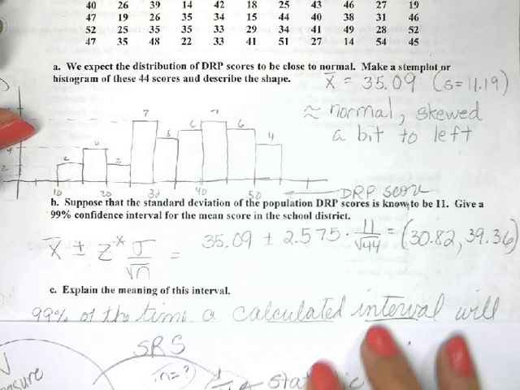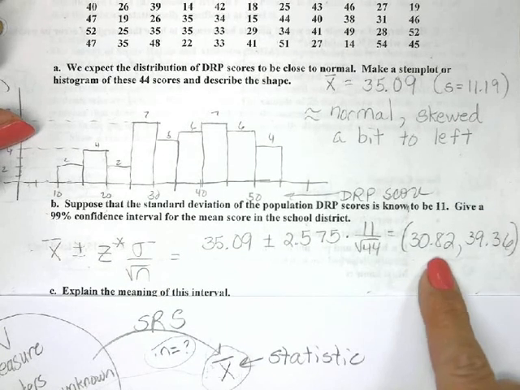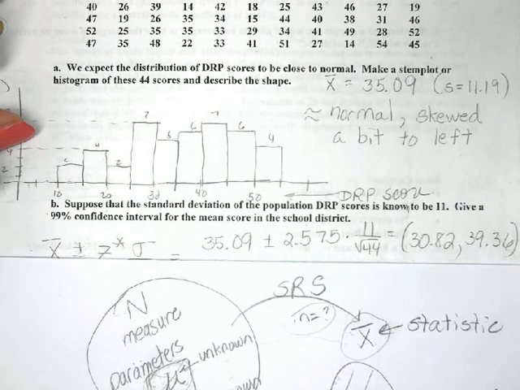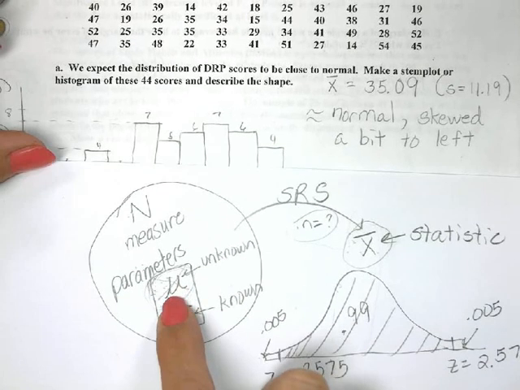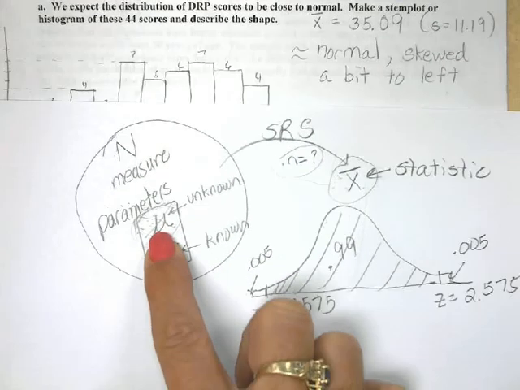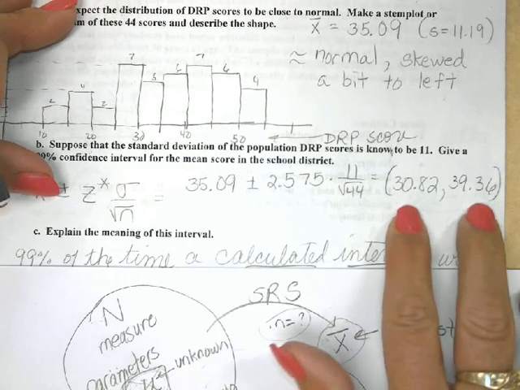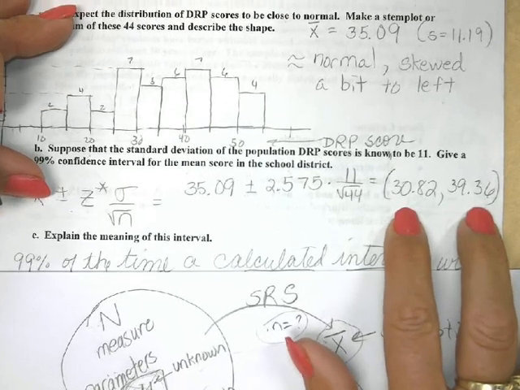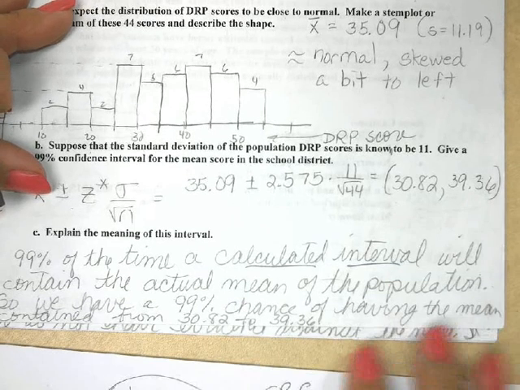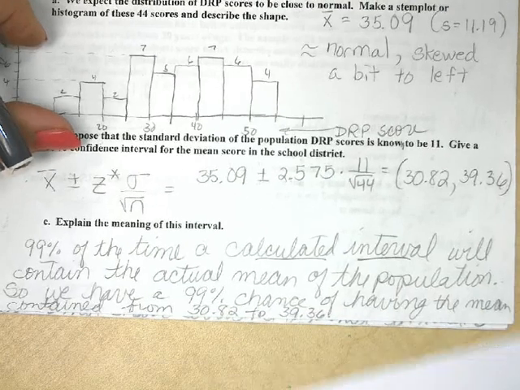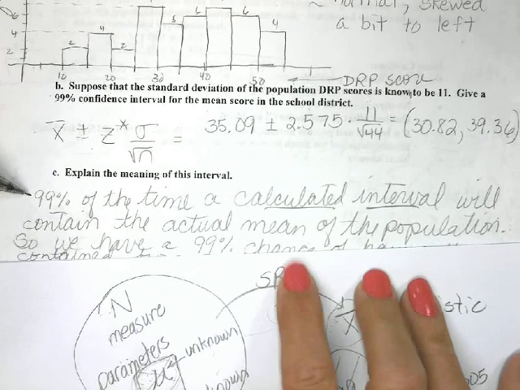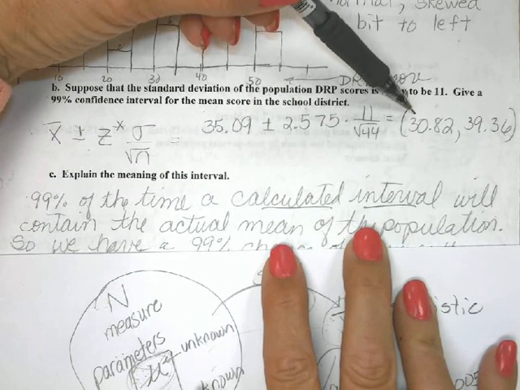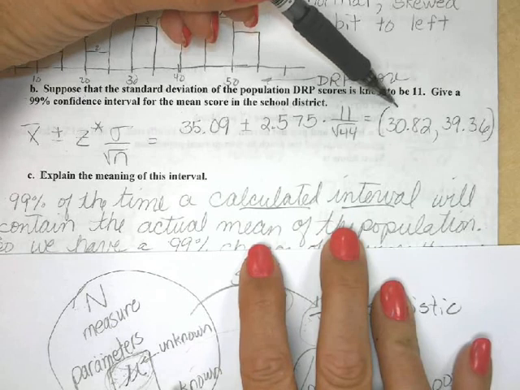So I can think, I'm quite confident that this mean that I'm looking for, this number right here that I don't know, is somewhere between these two numbers. Why? Here's the definition of what a confidence interval is. Here's this confidence interval, basically about 31 to about 39.